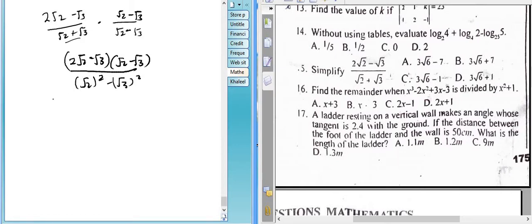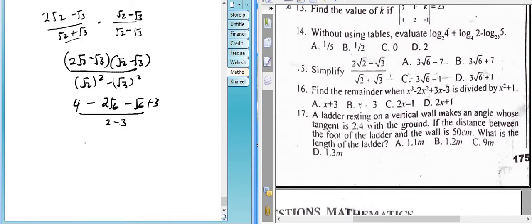Okay, so if you open this one, it is going to give you 4 minus 2 root 6 minus root 6 plus 3 all over 2 minus 3. Then root 2 square is 2, root 3 square is 3.